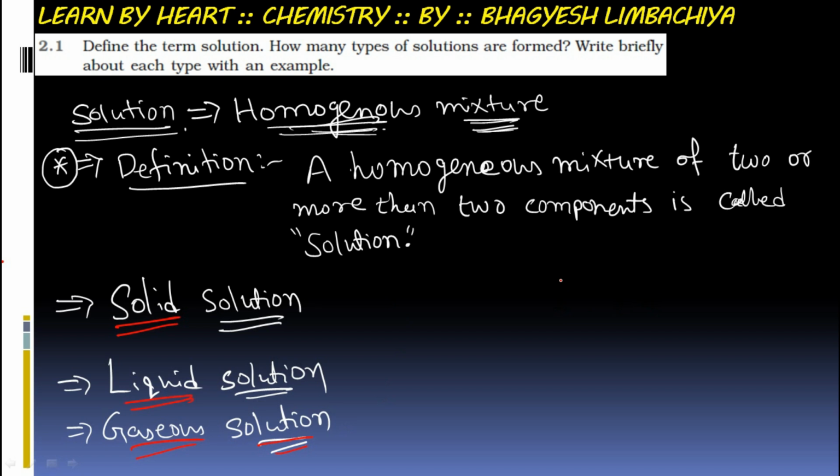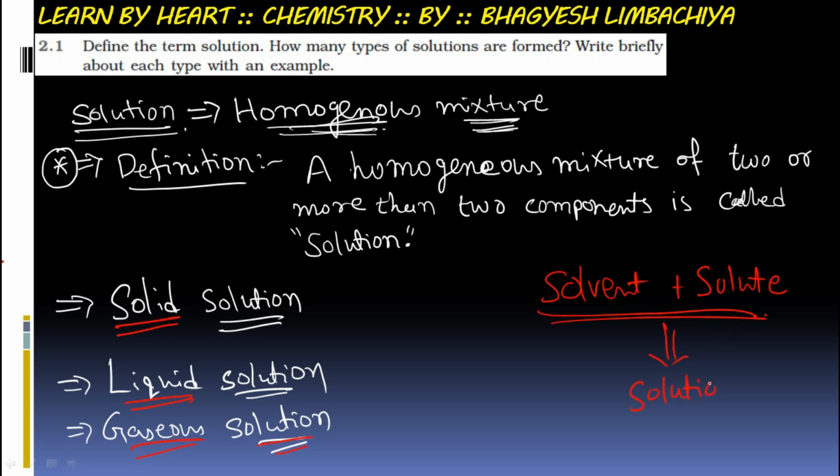Now we know that solvent and solute are combined together to give a solution. Solvent has more proportion and solute has less proportion.